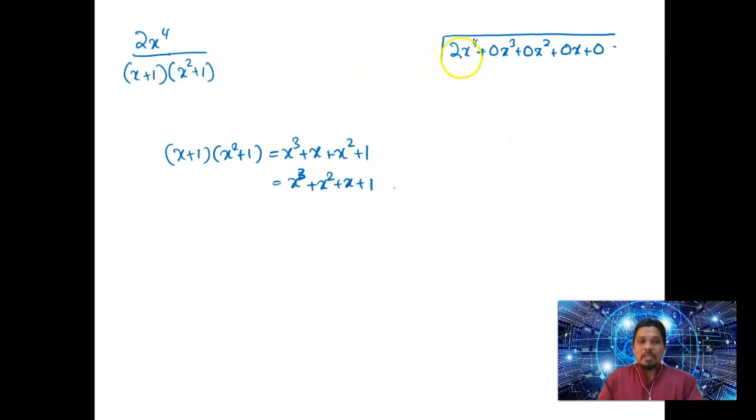So now we're going to divide by x cubed plus x squared plus x plus 1.